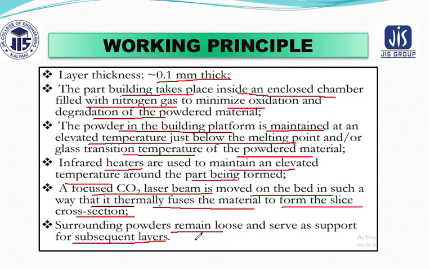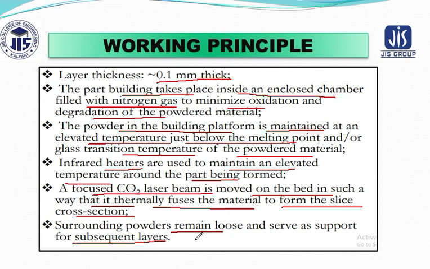Now the powder building platform has to be maintained at some elevated temperature, and that temperature should be below the melting point or glass transition temperature of that particular material. If it is not below the melting point, then it will get melted, and if it gets melted, then you are not going to obtain the desired product.